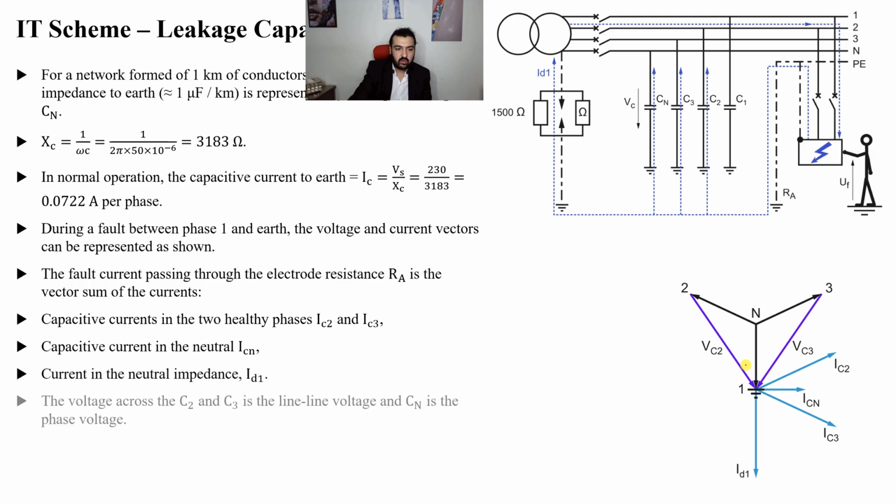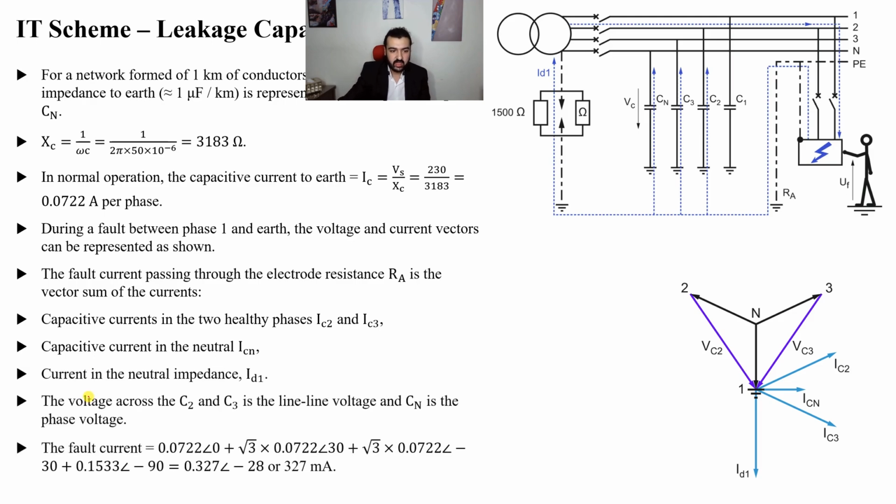Okay, so let's go through all of this. Fault current will be equal to 0.0722 and the angle 0. So look, this is the value as a magnitude for each one. V phase 230 divided by 3183, which is 0.0722 amperes.